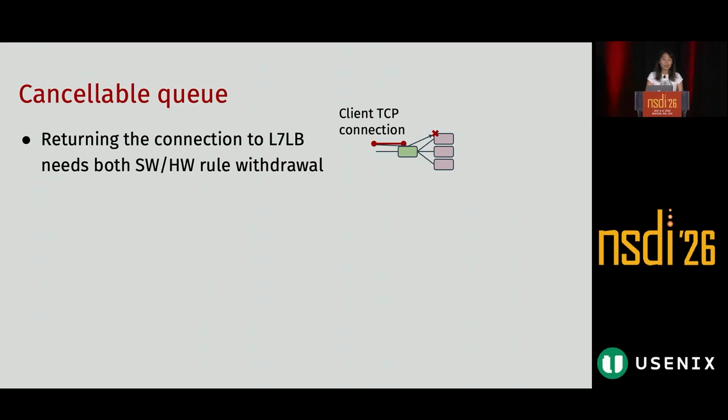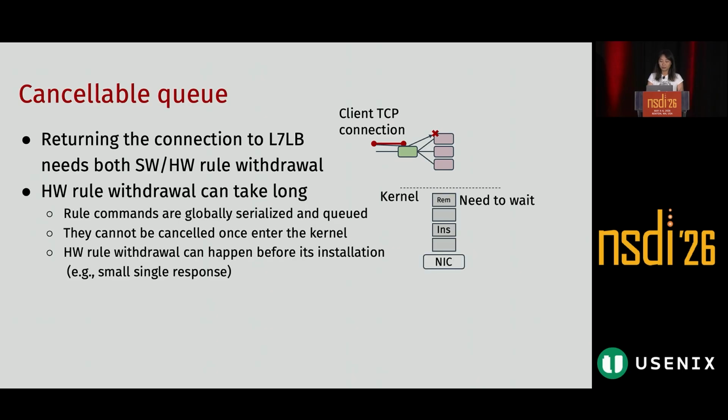Another design highlight of XO is a cancelable queue. As we mentioned earlier, servers at some point may need to return the connection back to the layer 7 load balancer. And this needs the withdrawal of both the hardware and software rules. Otherwise, packets might continue to be redirected to a server even though that server no longer owns the connection.